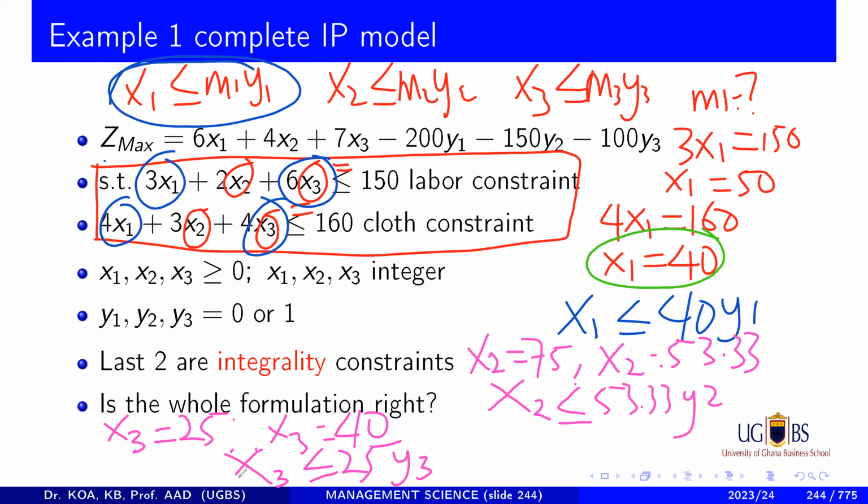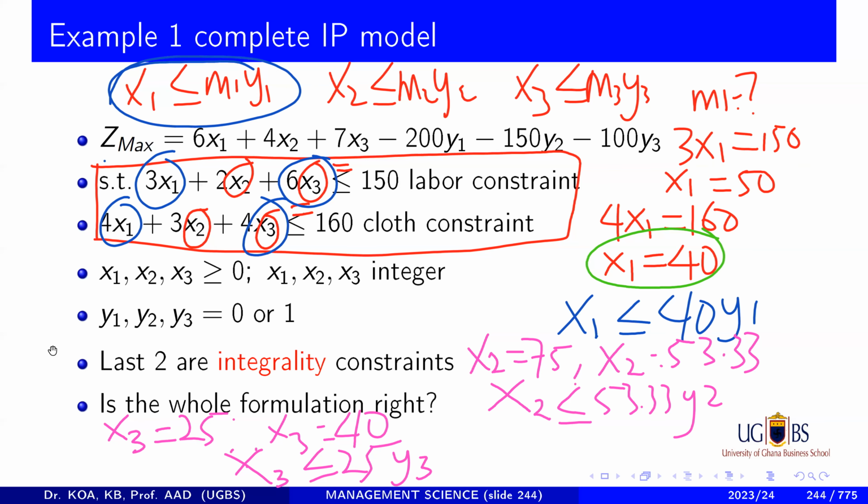Good. So now we've been able to get all the linking constraints. Then we take them back into the original model, and this, ladies and gentlemen, is what becomes the final model of the linear programming.